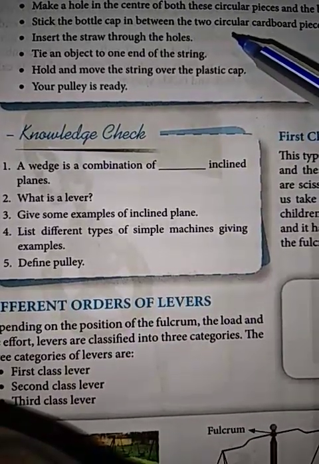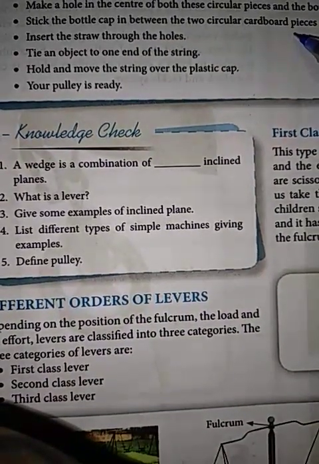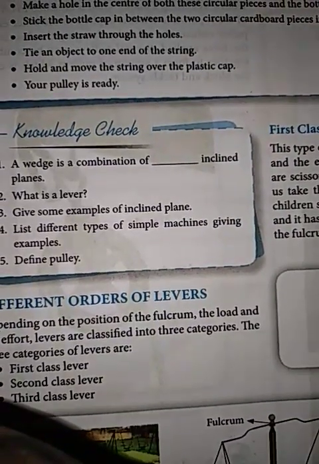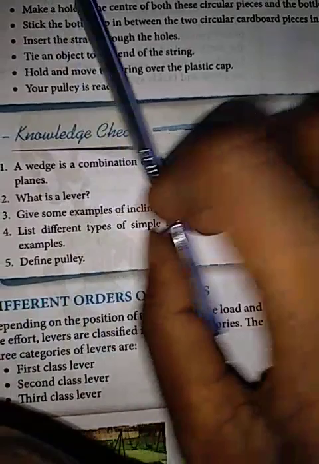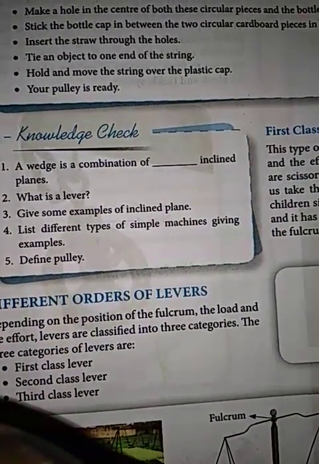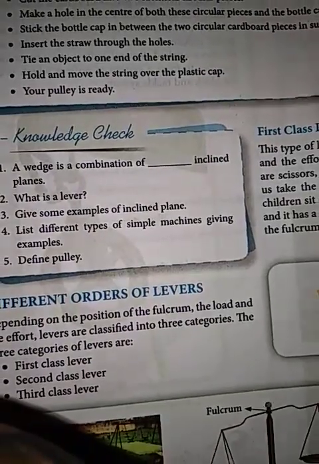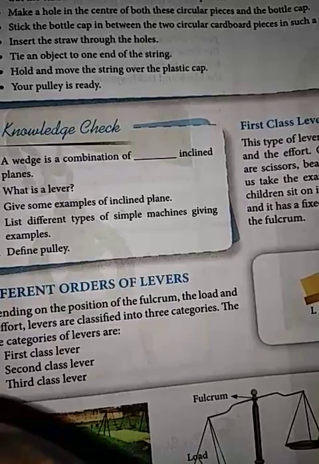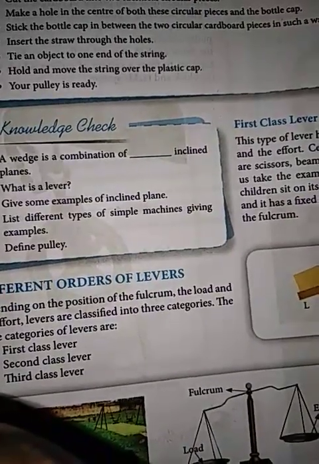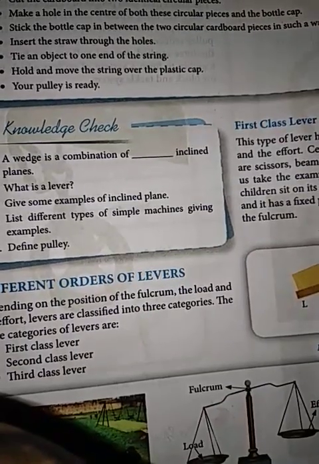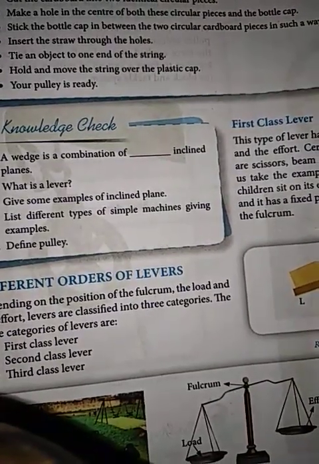Stick the bottle cap in between the two circular cardboard pieces in such a way that all the holes are aligned. Insert the straw through the holes. Tie the object to one end of the string. Hold and move the string over the plastic disc. Your pulley is ready now.